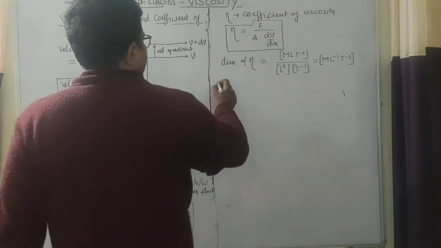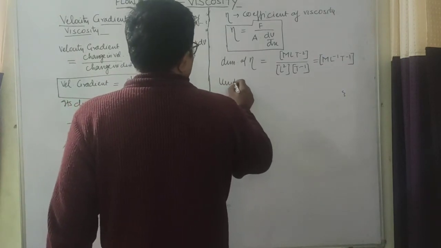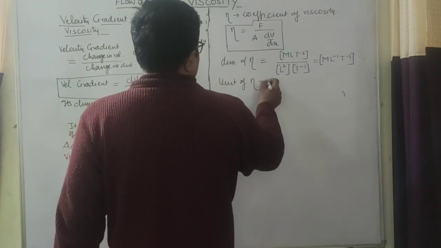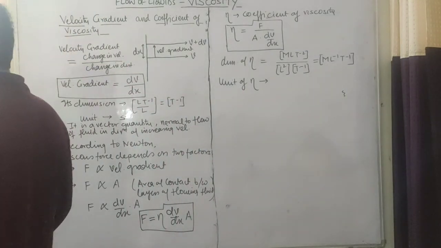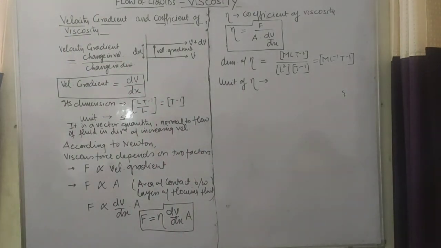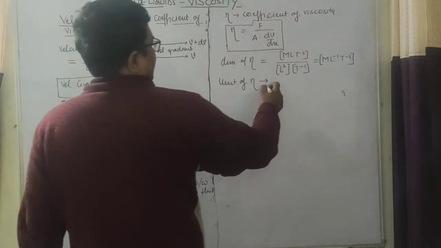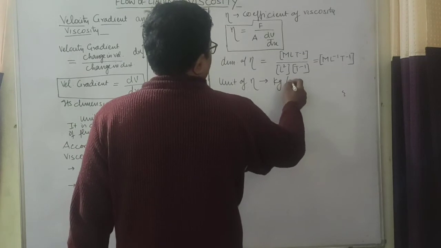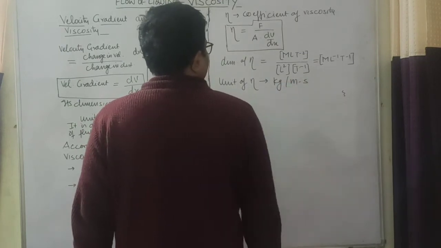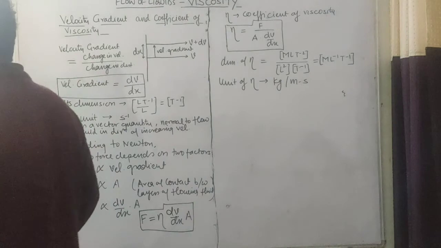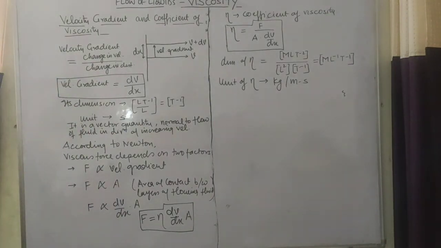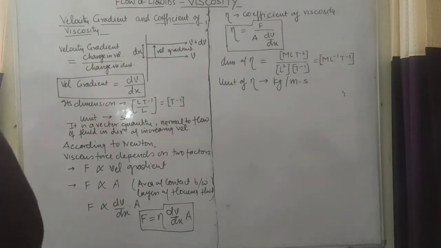Its unit of coefficient of viscosity, you can get it from the dimension also, it is kilogram per meter second. Kilogram per meter second is the unit of coefficient of viscosity.